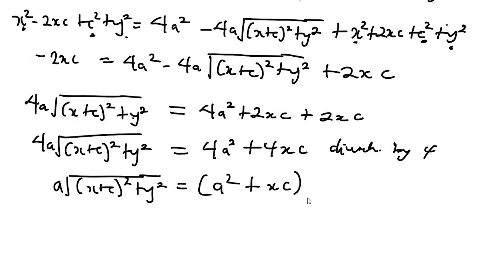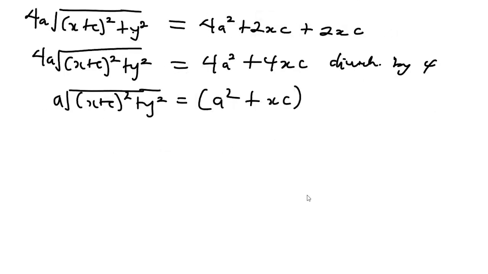Now still we have our square root there. So let's square again. So we square both sides again. If you square both sides again, what are we going to get?